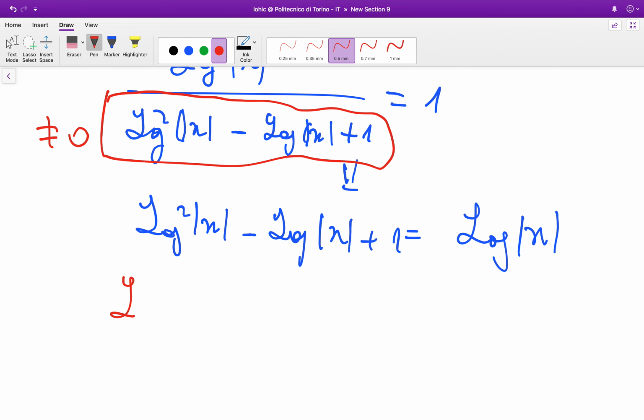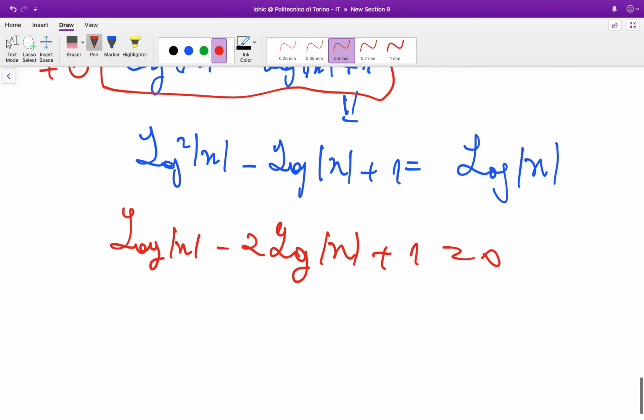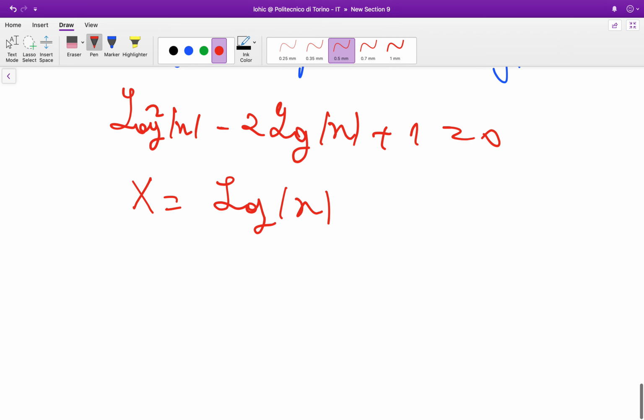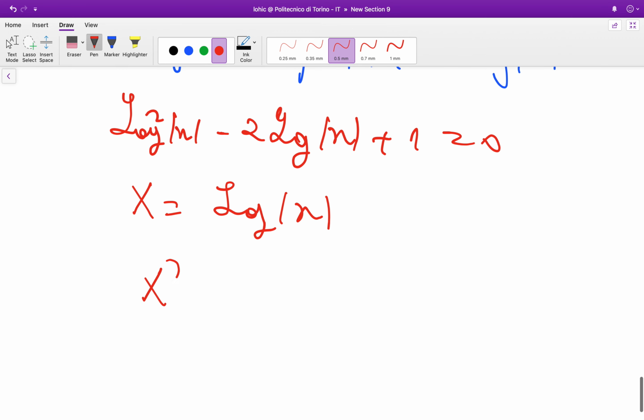So this leads to the equation log square of absolute value of x minus 2 log of absolute value of x plus 1 equal to 0, right? And you set big X equal to log of absolute value of x. As usual, you get X squared minus 2X plus 1 equal to 0, right?